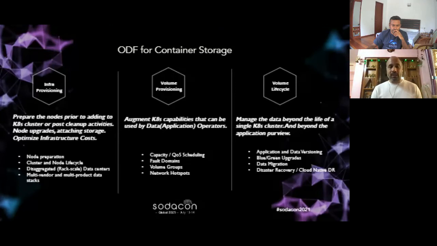For that, you need to look at all the storage available in the data centers, via JBODs or different storage systems, as individual pools of devices that can be given to different sets of worker nodes. That's an area we can really work out with the infra provisioning layer that we're working on in SODA.